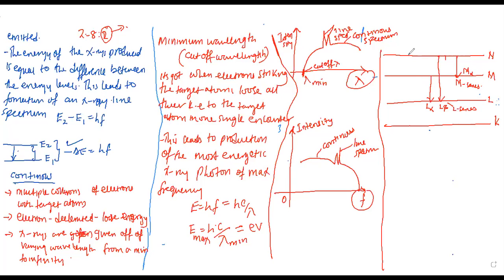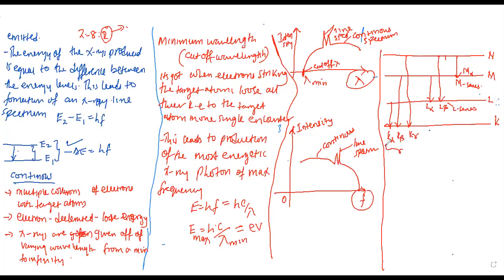Then if a transition is made from the higher levels and lands in the K energy level, then this will be K alpha, K beta, and this can be K gamma.